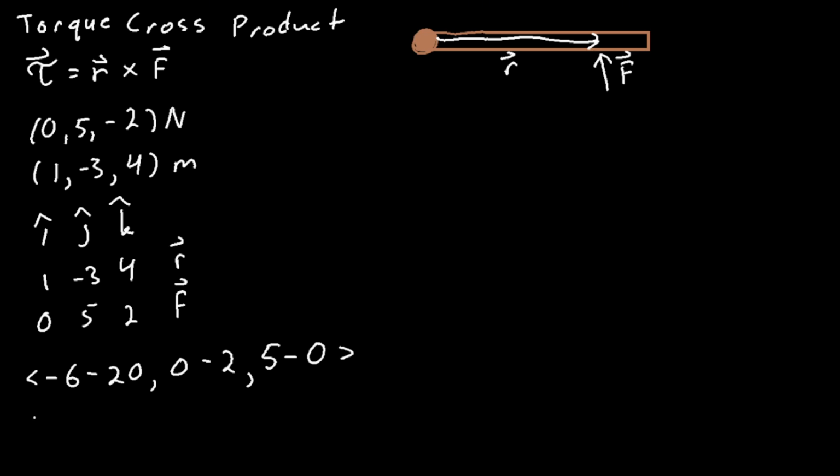So this right here is going to be -26, -2, and 5. This is going to be the torque vector for these points of force and place where you applied the force to, or distance from the axis of rotation right over here, given by the r vector.